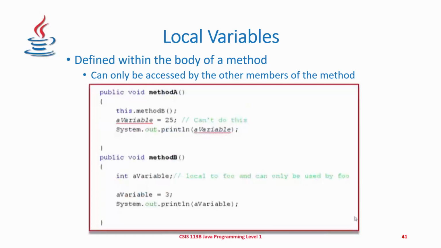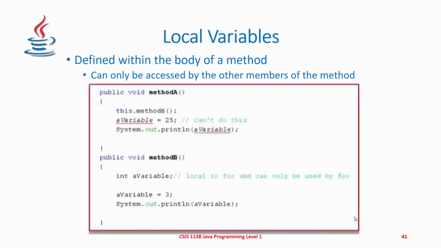If you go down further now to method B, you'll see that the actual declaration of the A variable is in method B. So it's int A variable, and that's the first statement inside of method B. That's where that A variable exists, and it only exists inside of method B. Method B can go ahead and assign a value 3 to it, and that's no problem whatsoever, and print it out.